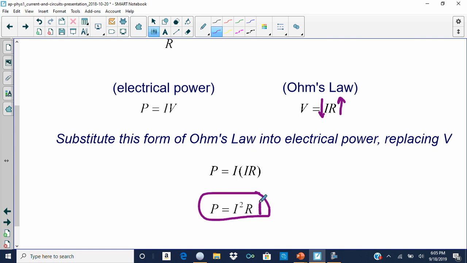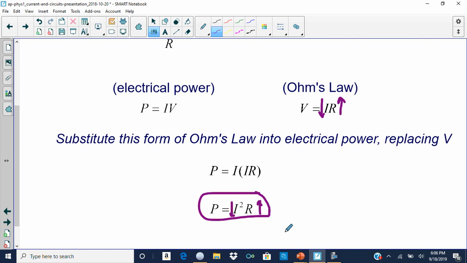If R goes up, but I goes down by the same amount in order to keep the voltage the same, I is squared. So I'm squaring something that goes down, and that means the overall power of the circuit is going to decrease. Those are the type of things I want you to think about when working with these equations. What does it mean if I change one and keep another constant?